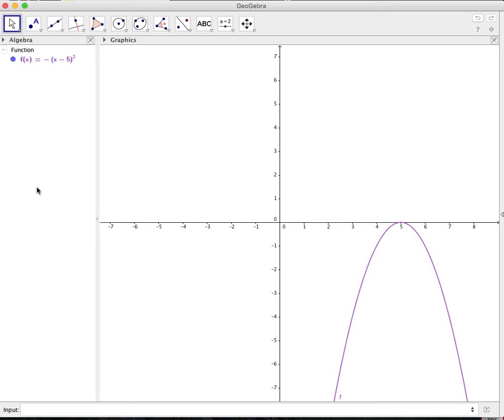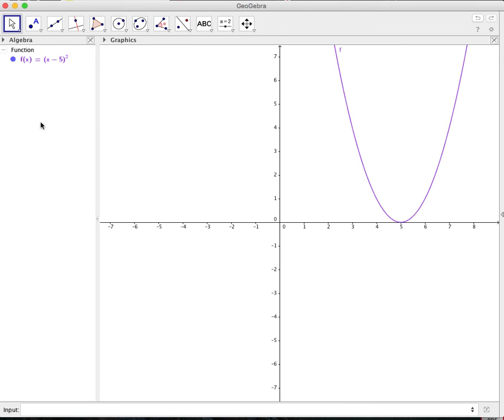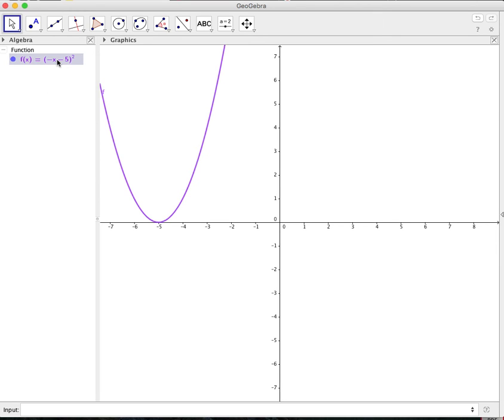Now we'll go back to x minus 5. What happens if I put the negative sign inside the parentheses by the x? It moves over to the right. That's because functionally, negative x minus 5 is the same as x plus 5. We should not be surprised by that.